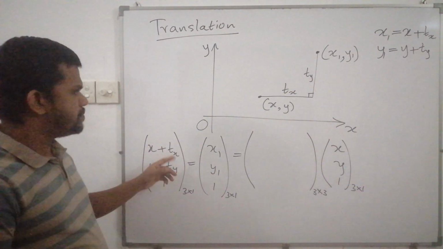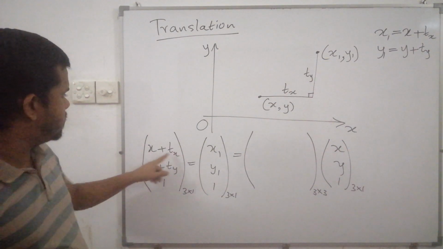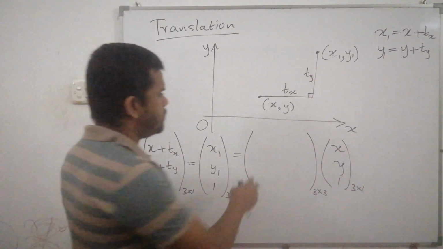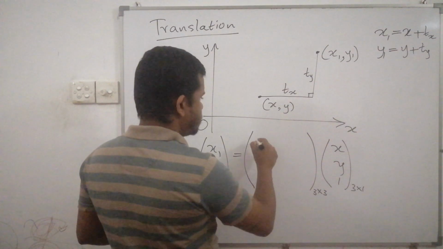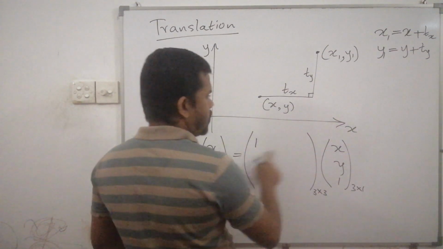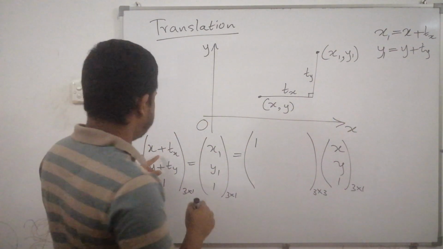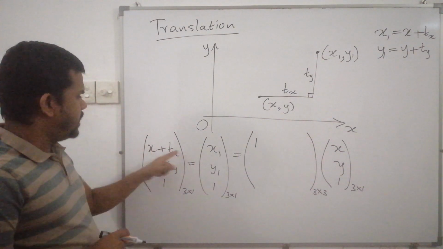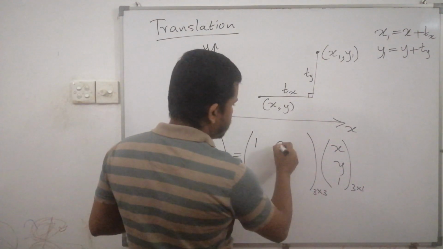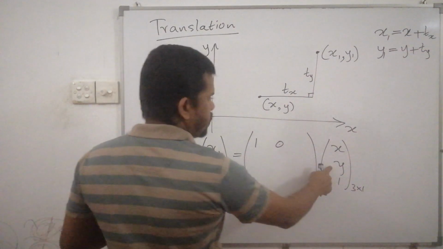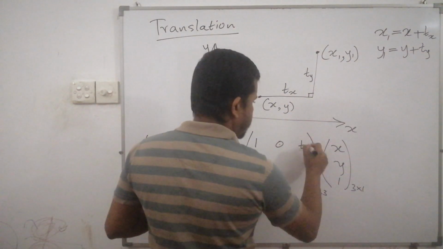Now, in order to get this term x plus tx here, first row 1 into x, we get x. There are no y terms, therefore here it should be 0 into y, finally here tx.